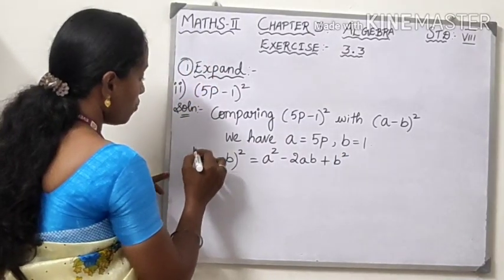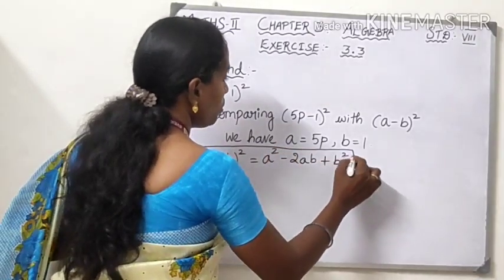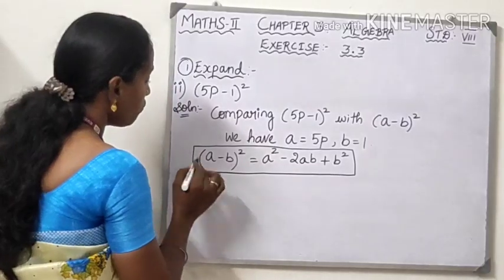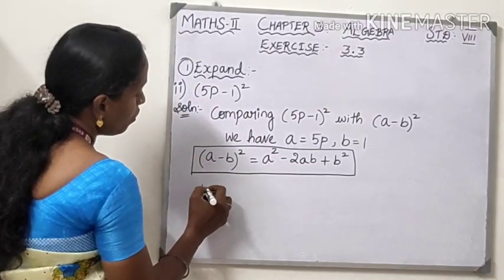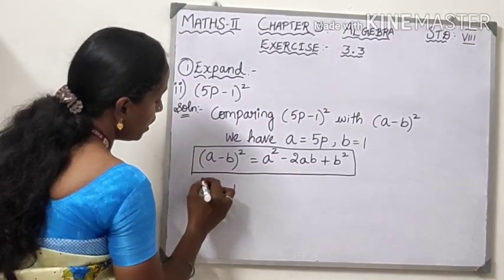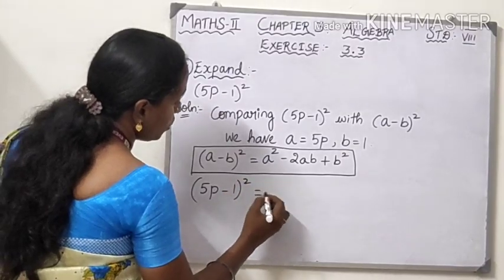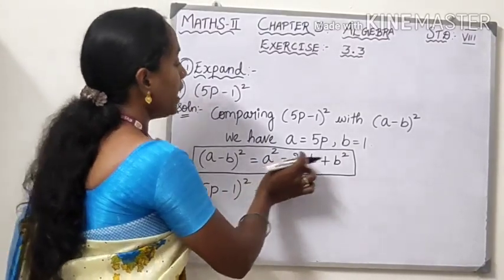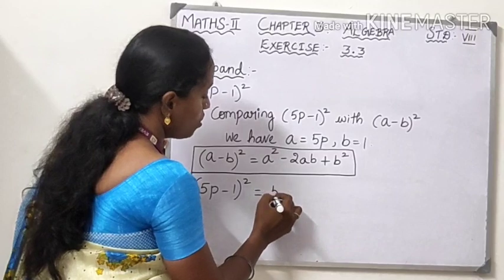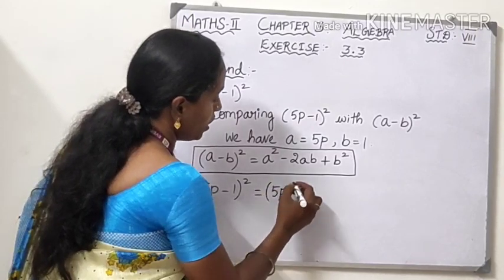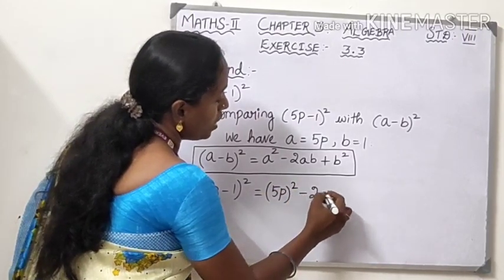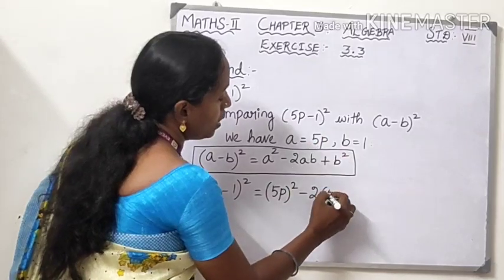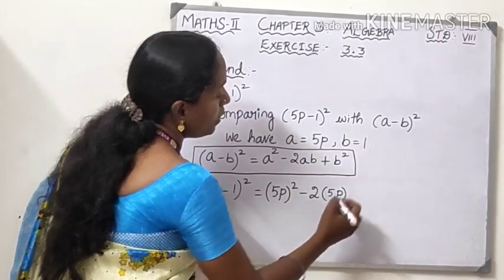So in the next step, what are we going to do? We are going to replace the values of a and b. So now (5p minus 1) the whole square is equal to, what is the value of a? We have 5p. So (5p) the whole square minus 2, what is the value of a? It is 5p, so inside the bracket write 5p.